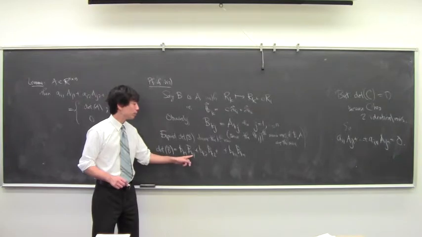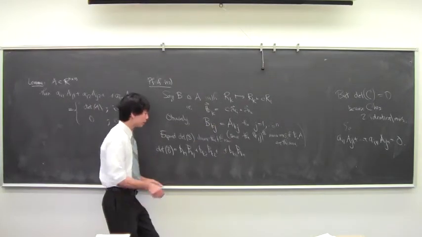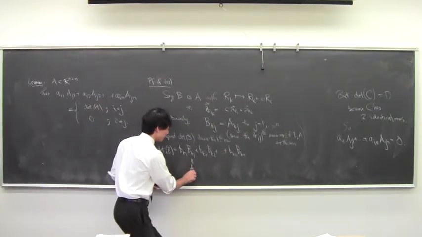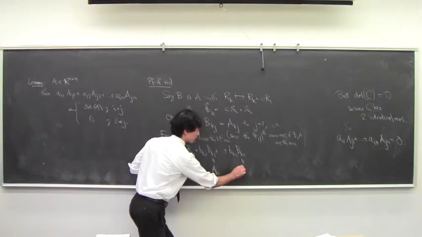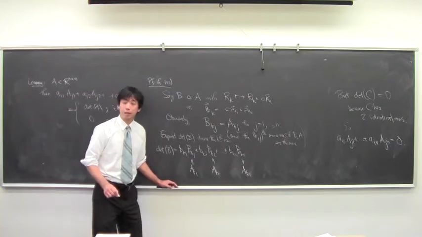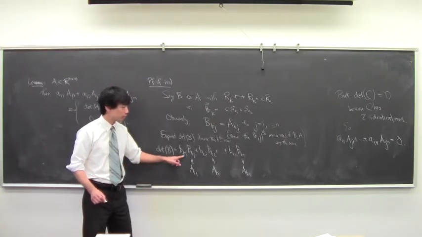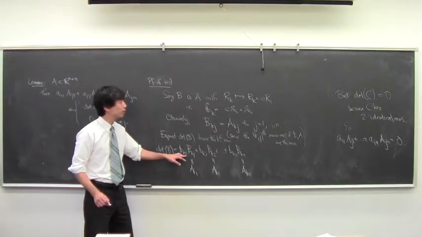Or maybe easier, what's capital Bk1? Well, that's Ak1. All the cofactors are the same down this row, so we can replace these with their corresponding cofactors from A.